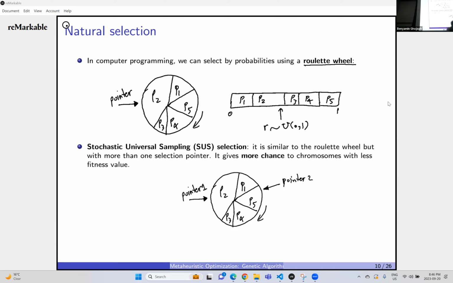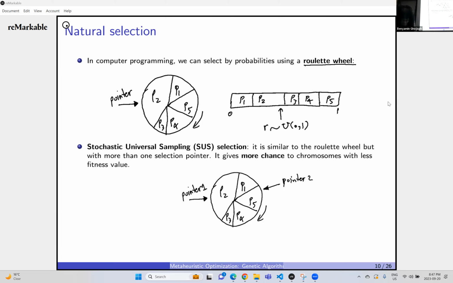This is how we use that. We use the idea of the roulette wheel in our computer program for selection. How? You agree that the probabilities should sum to 1, right? Therefore, I can consider them as parts of a circle, and all of them cover the whole circle, or the whole roulette. Agree?